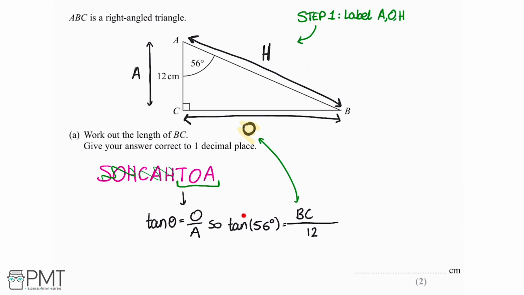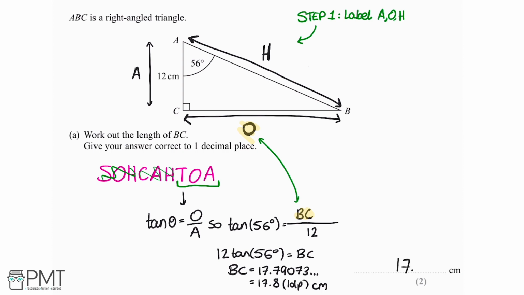Now, if I multiply both sides by 12, I'm going to have 12 tan of 56 degrees equals the length BC. So if I put all of this into the calculator, I'm going to get that BC equals 17.79073... But we want that to one decimal place, so that's going to be 17.8. So the final answer here is 17.8.